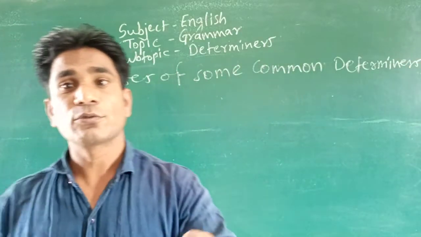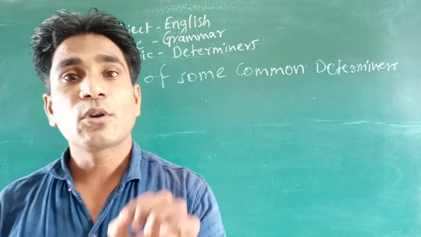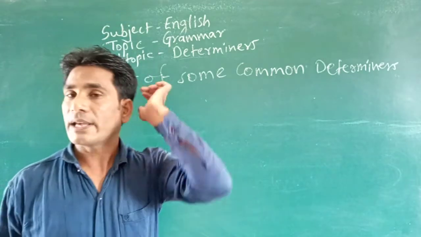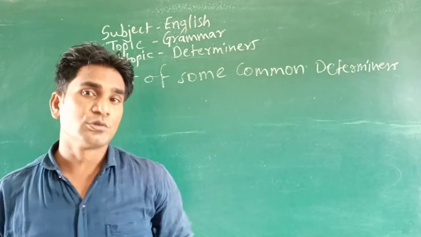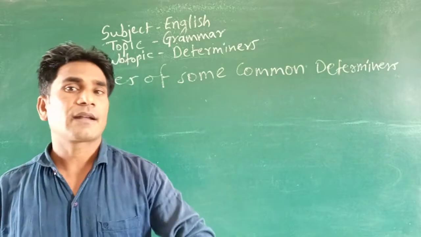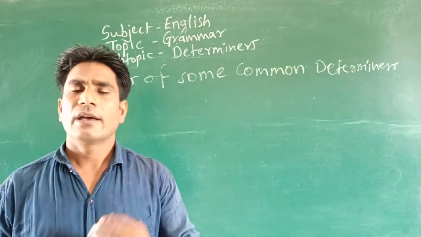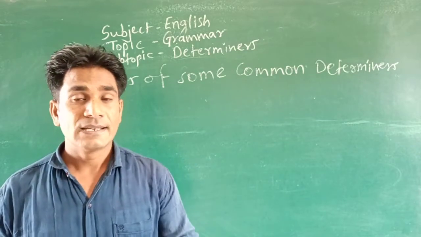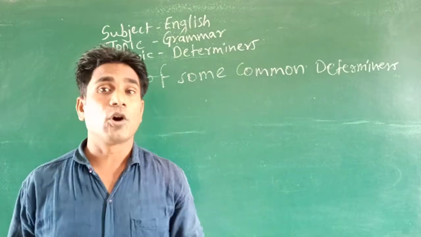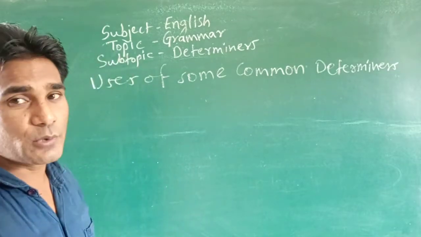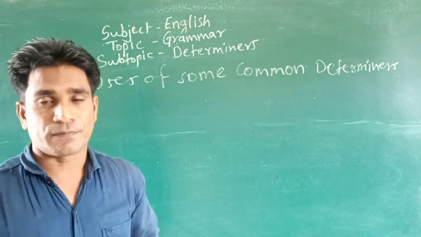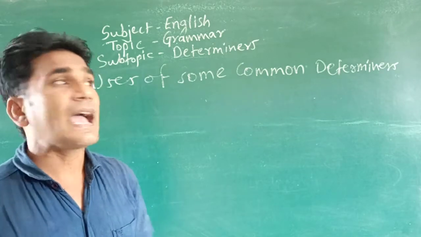Today we are going to see the uses of some common determiners, which are mostly used in writing or in speaking everywhere. First of all we are going to see the uses of a and an.